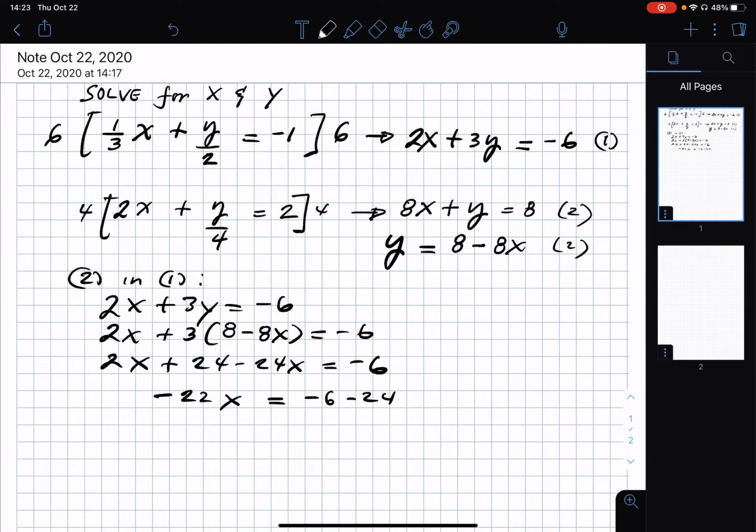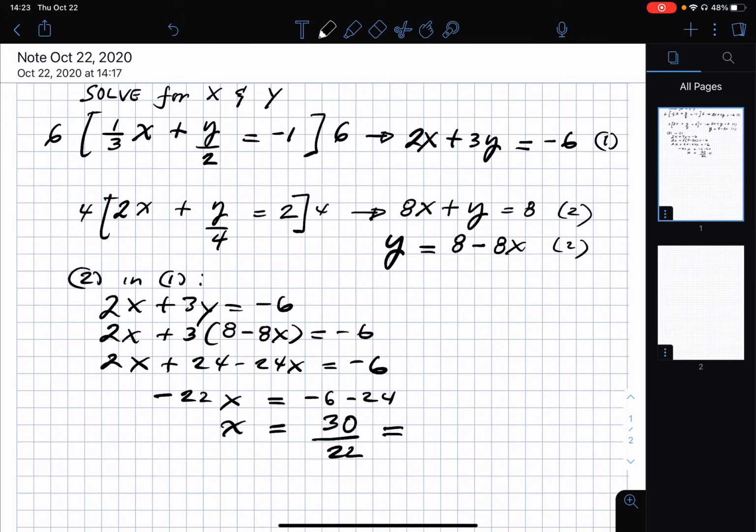So you have x, we simplify that, that will be 30 over 22. And the negative sign is gone because negative over negative is positive, and we can still simplify this, dividing the denominator and the numerator by a common number.